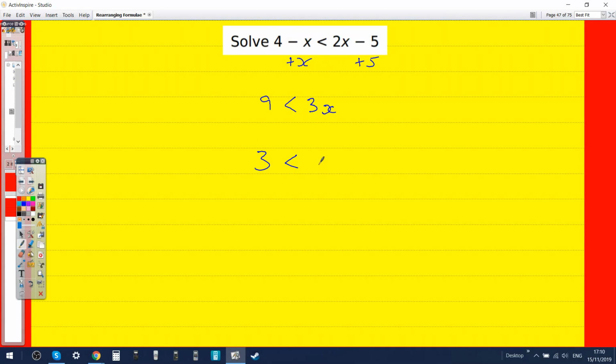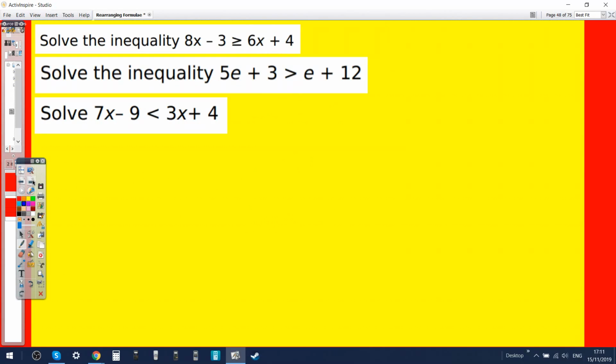If you divide both sides by 3, you get 3 is less than x. What would it be if x was on the left side? X is less than 3. 3 is less than x, so x must be greater than 3. Okay. Yeah. So we usually put it on the left side. X is bigger than 3.